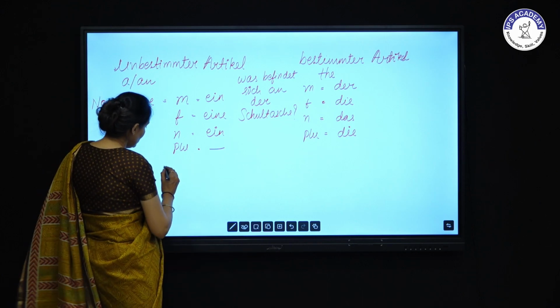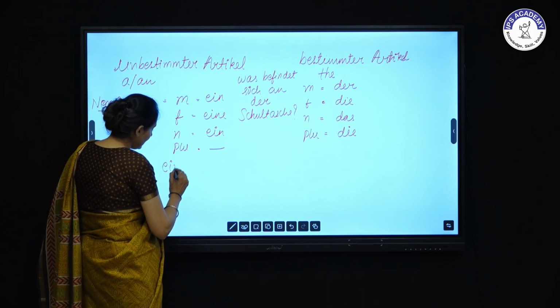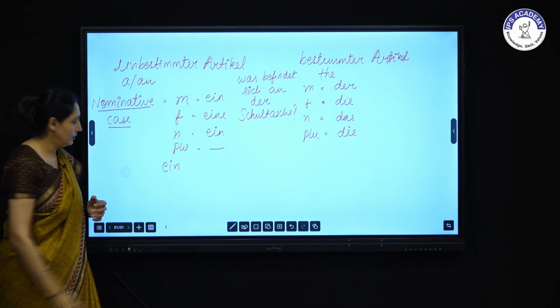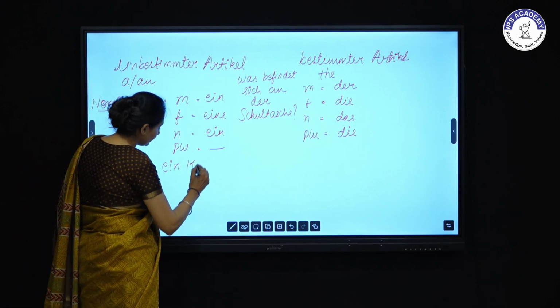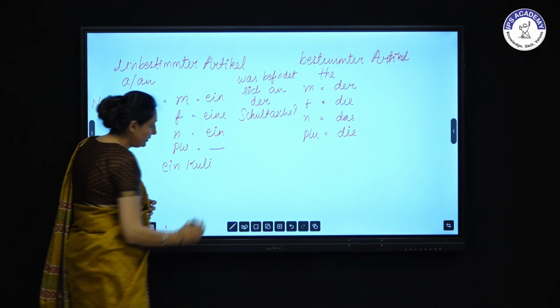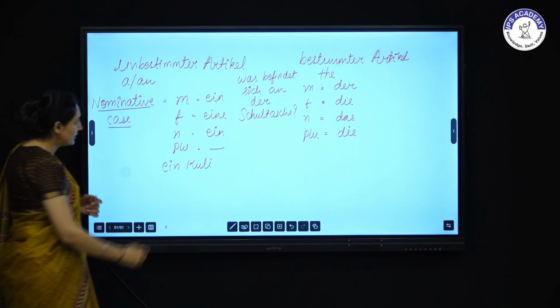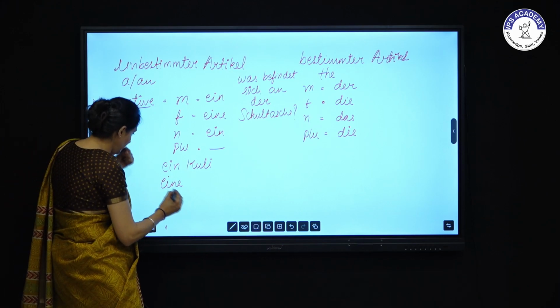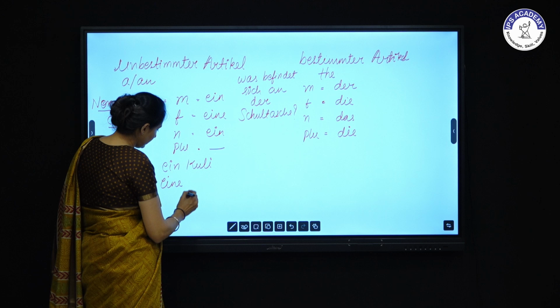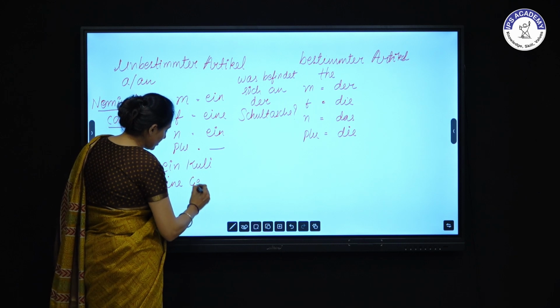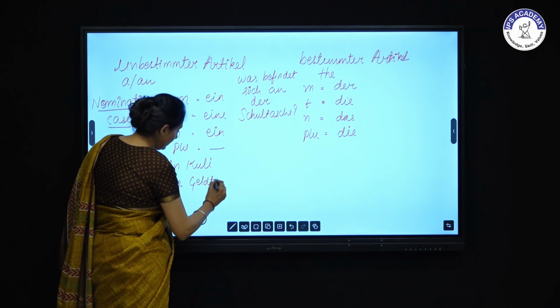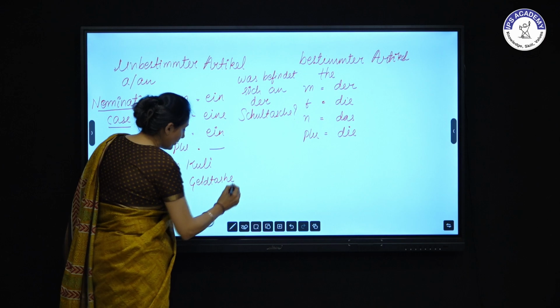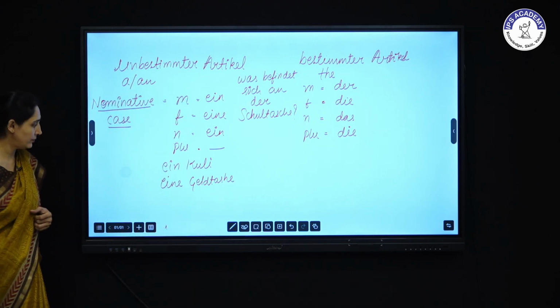Now, when it comes to masculine, we can take it as ein Kuli. Ein Kuli, that is a pen. Eine Geldtasche. Eine Geldtasche, a wallet, a small wallet.